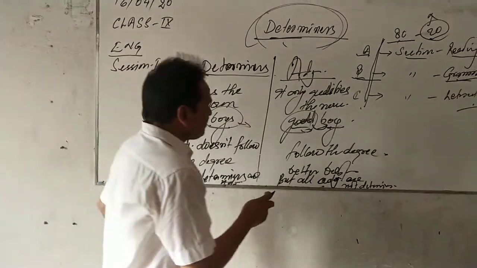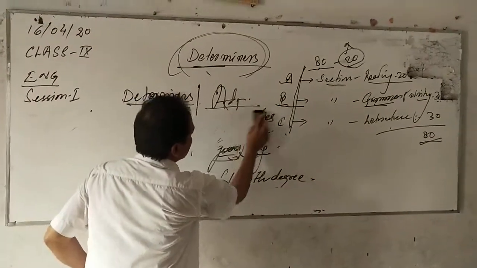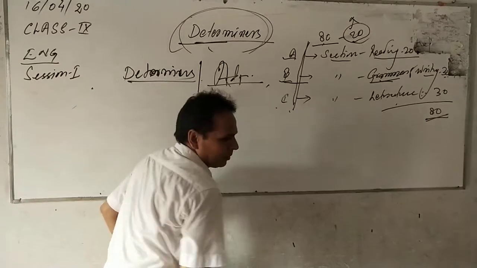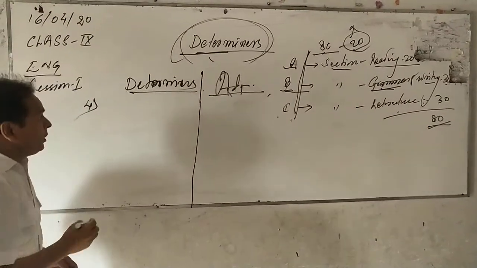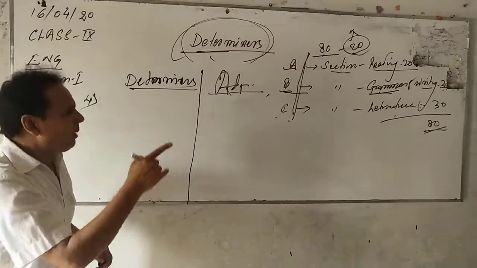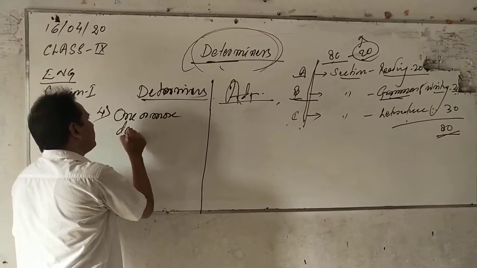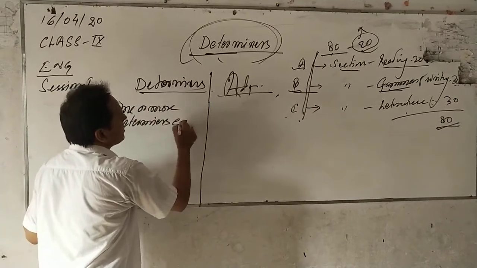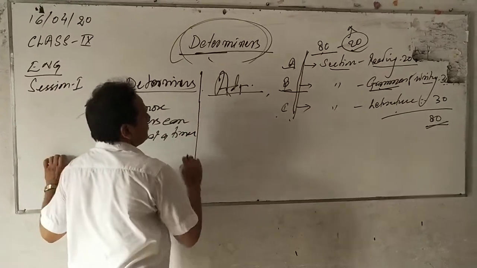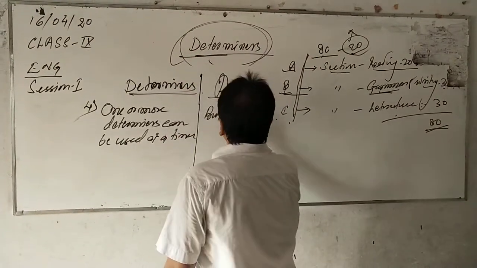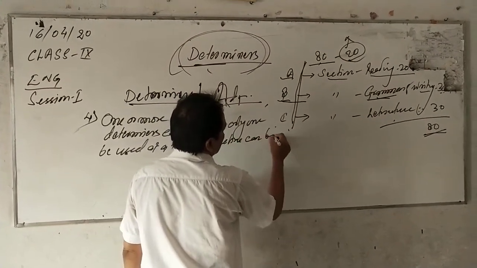Now the fourth difference: at a time one or more determiners can be used, but only one adjective can be used.